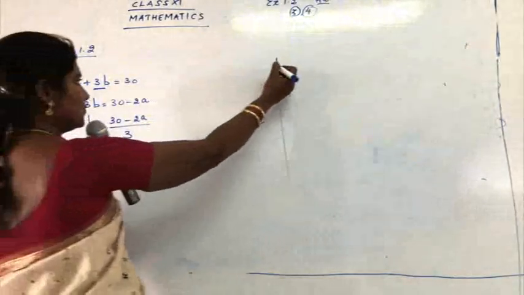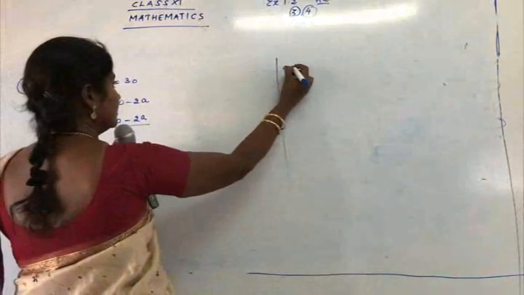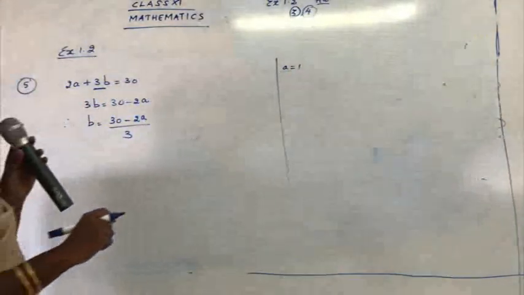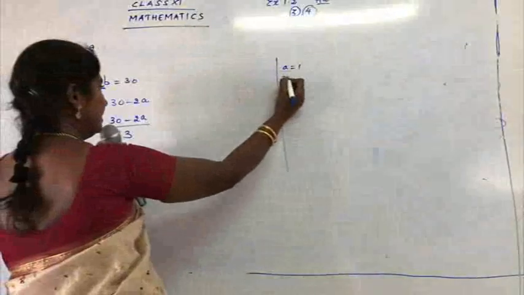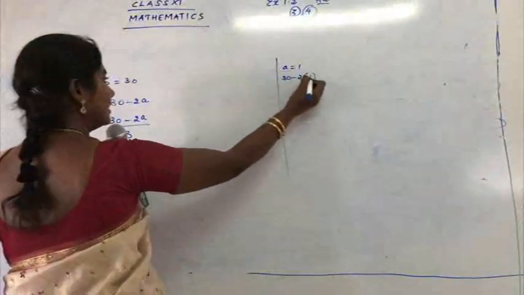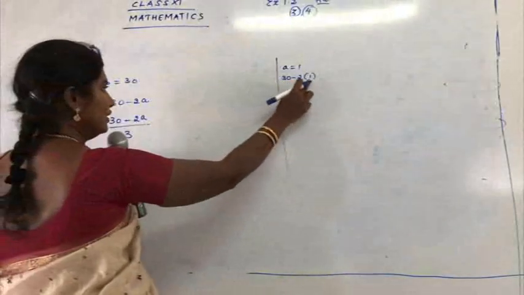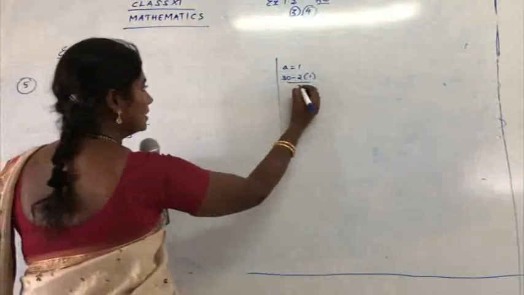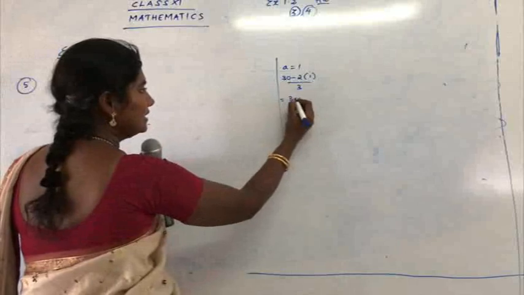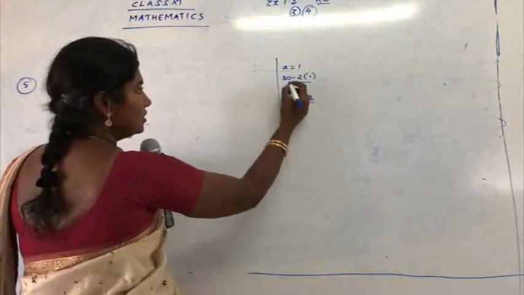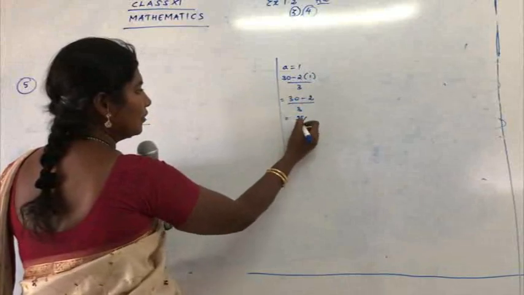If I take a as 1, just do not write this, just listen to me carefully. What happens here? I get 30 minus 2 into 1, that is, in place of a, I put 1. So (30 minus 2 into 1) upon 3. What's this, children? 30 minus 2 upon 3, so it's 28 upon 3.